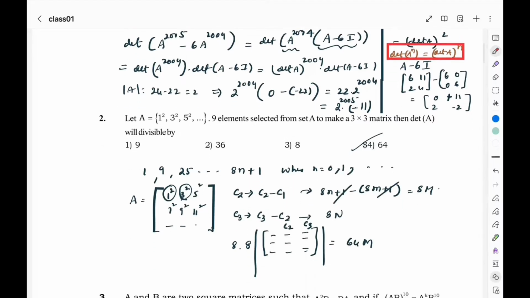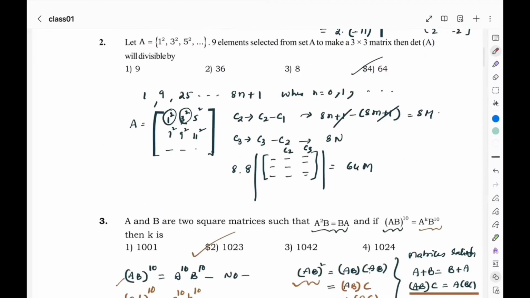And here also, what properties? What I did is column operations. If you do like this, there is no change in the value of the determinant.